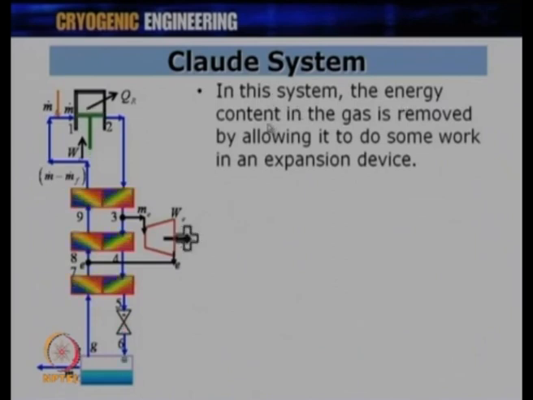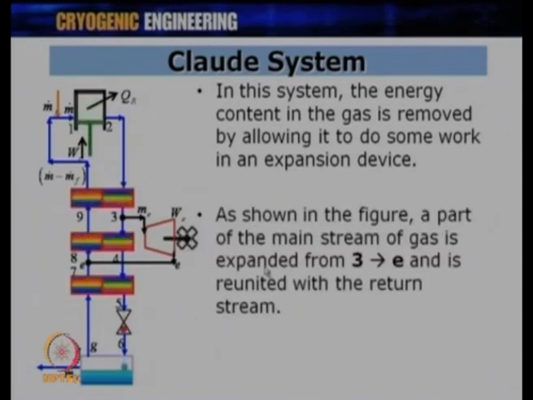So, in this system, the energy content of the gas is removed by allowing it to do some work in an expansion engine. What you get at the end of the expansion over here is W_E, which is the expansion work, that is the work done by the expansion engine. On the compressor we are doing the work, while during expansion we get W_E as the work done by the system.